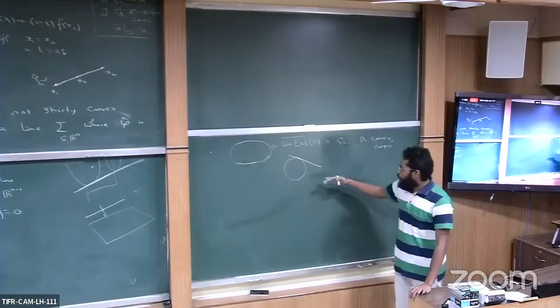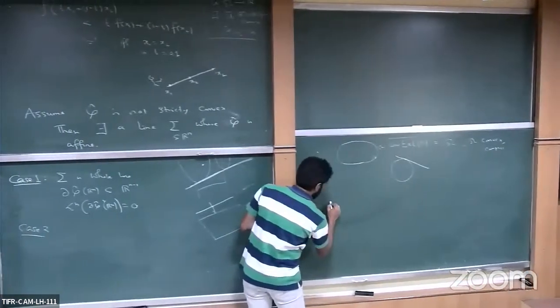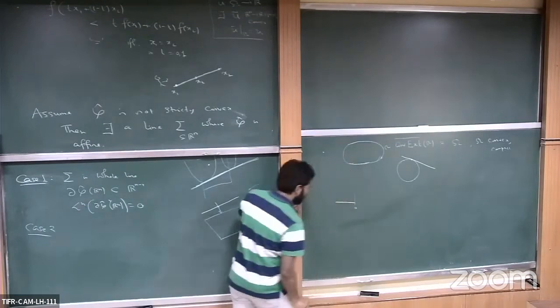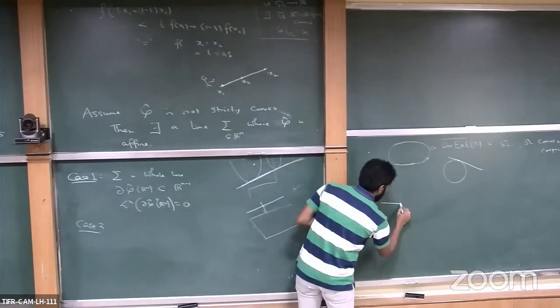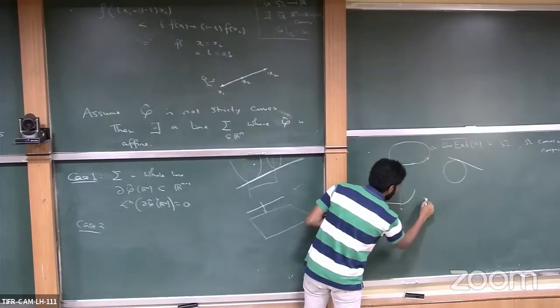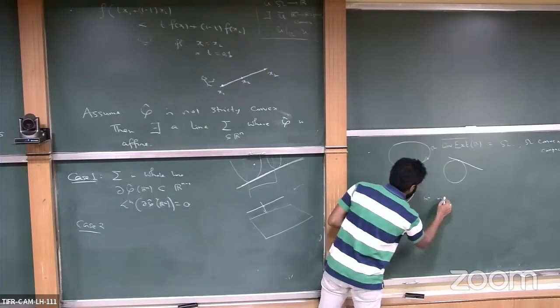But it is not always the case. As this example says, suppose your domain is something like this. Let us call this point 0. And suppose it is going up at a rate of, say, |x|^alpha, where alpha is bigger than 1.